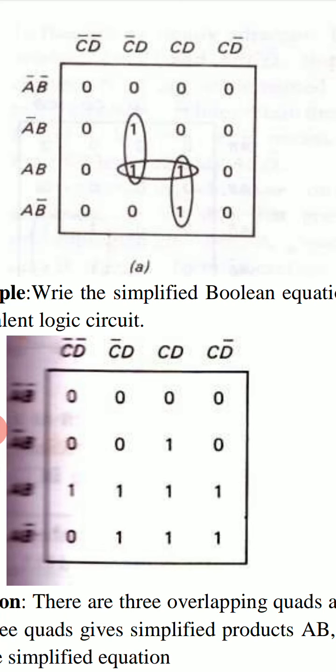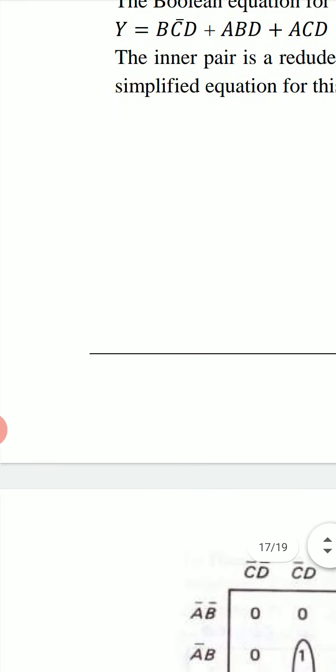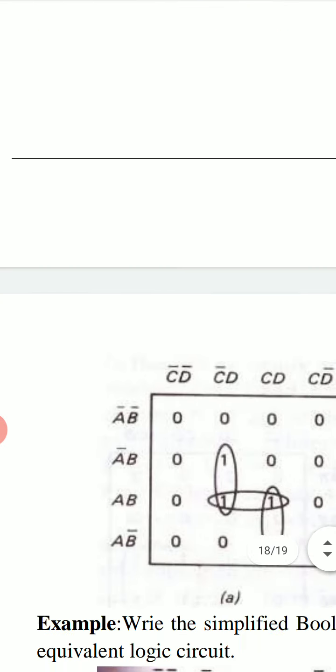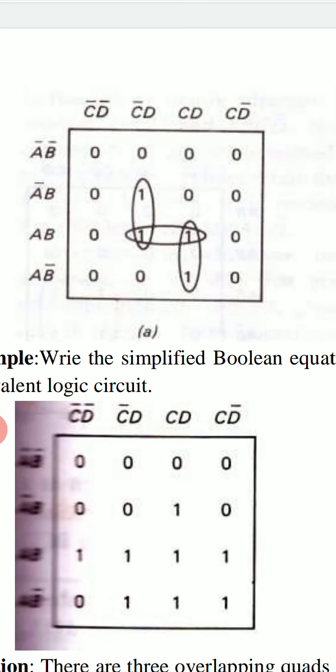In this middle pair, both ones are included in other pairs. So this middle pair of ones is known as a redundant group, and we must ignore it when we write a logical expression for this Karnaugh map.